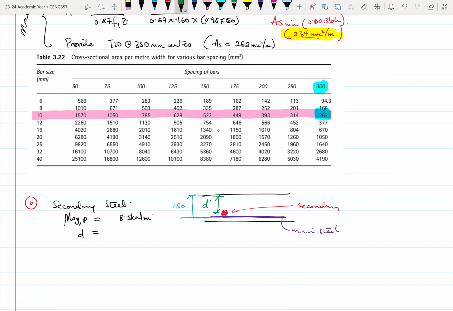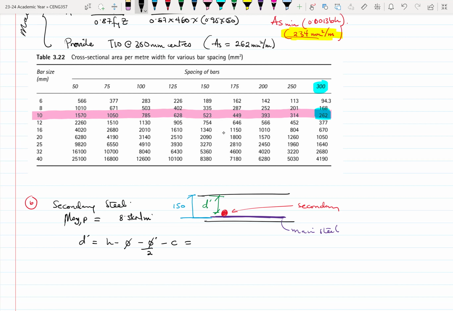Maybe let me call that D prime so that we differentiate between the two. And then maybe just so that it helps us to appreciate what is happening, D prime here in simple terms would be H minus phi of the main rebar minus phi of the secondary rebar over 2, then minus the cover.